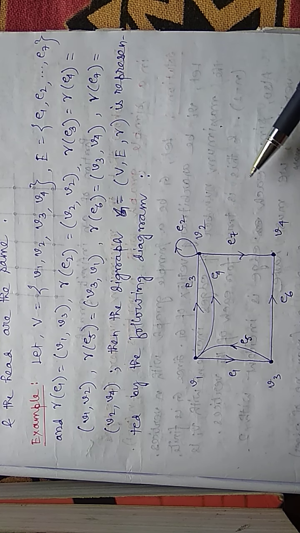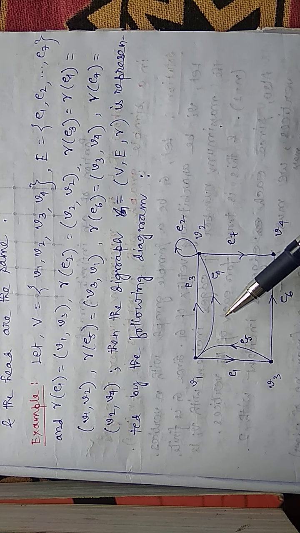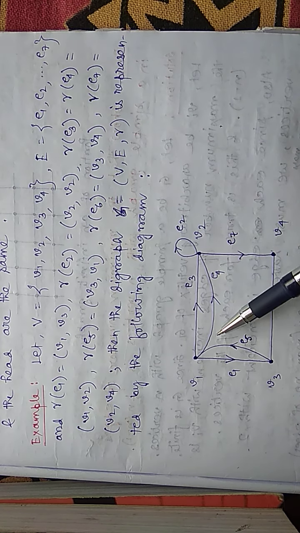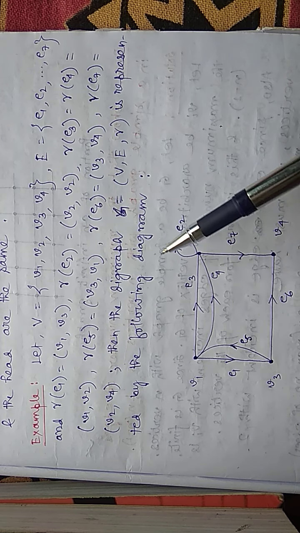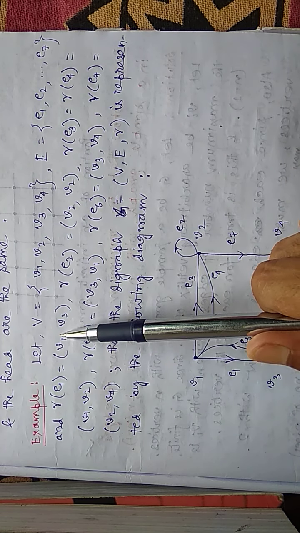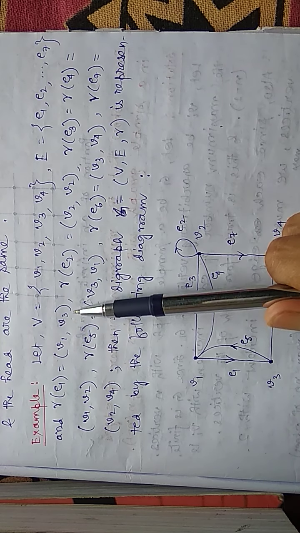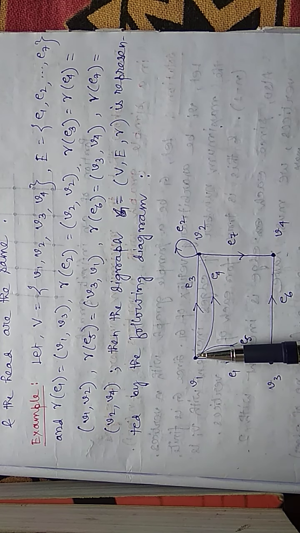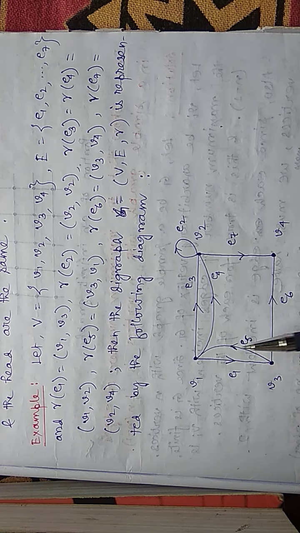This is the digraph. Look, there is a definite direction of each directed edge or arc. Look, gamma of E1 is the ordered pair V1, V3. That means it starts from V1 and ends at V3. This is E1, directed edge E1. That's all.